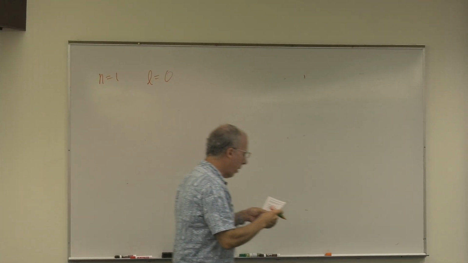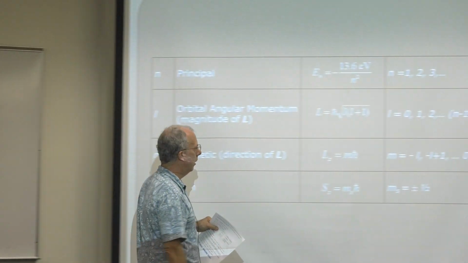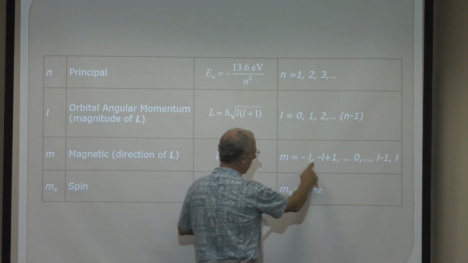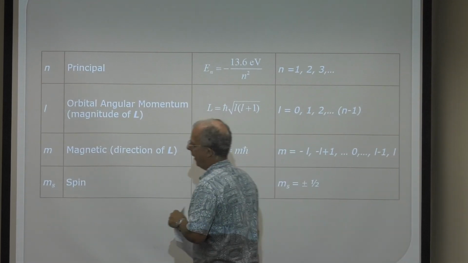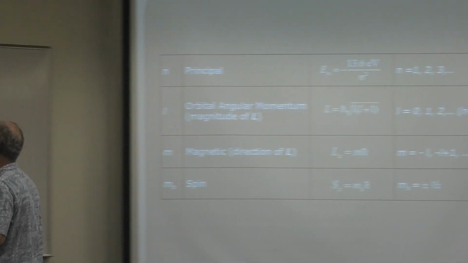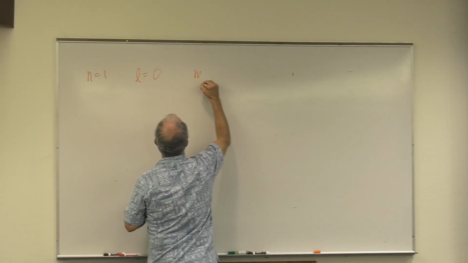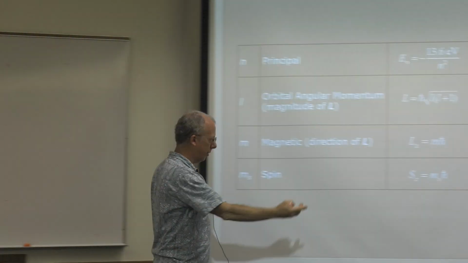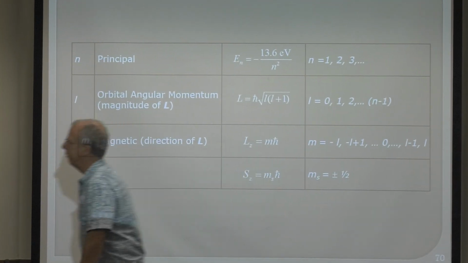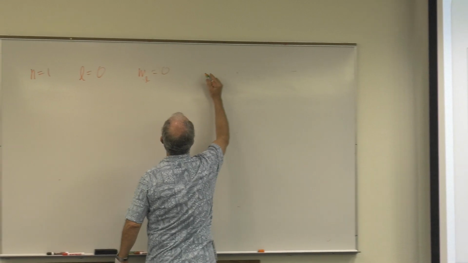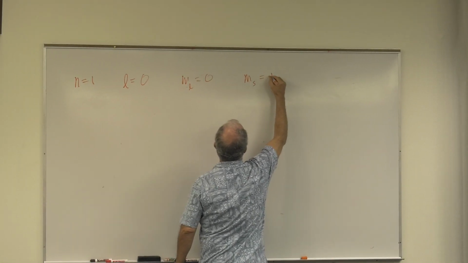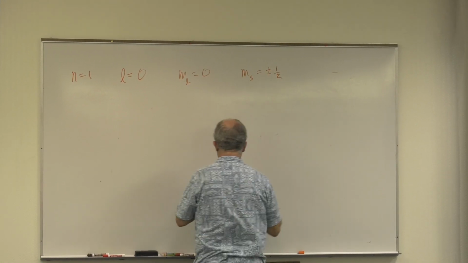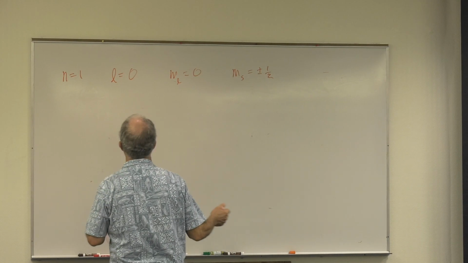Now, what are the possibilities for M? Well, M goes from minus L up to positive L, but L is 0, so just 0. And then what's MS? MS is always up or down, right? Plus or minus a half. So how many electrons are there?